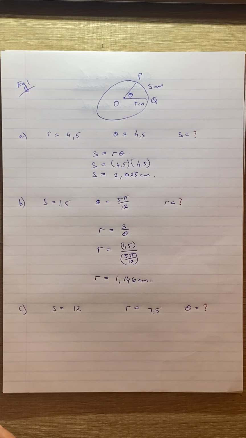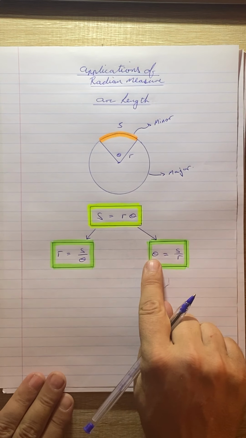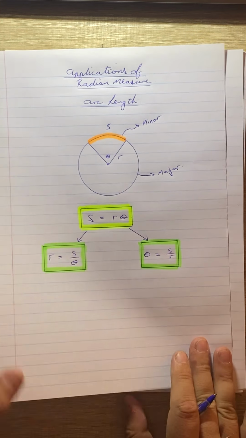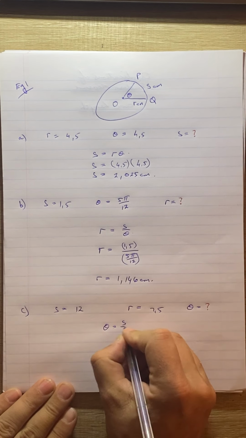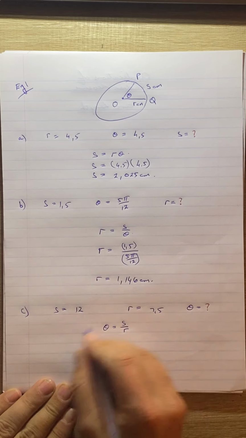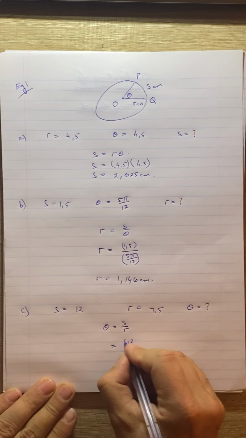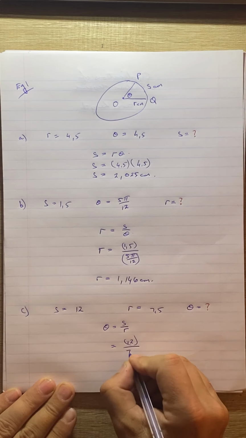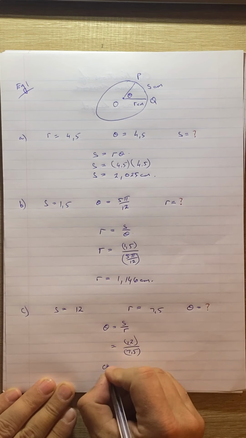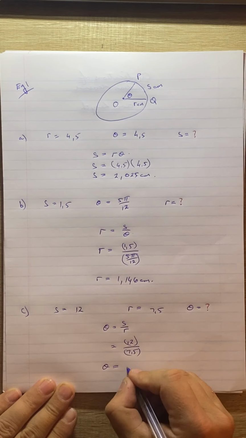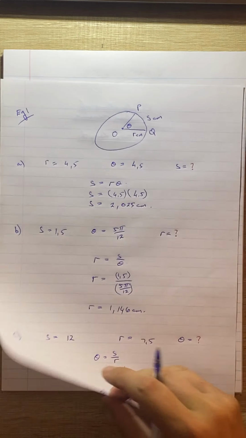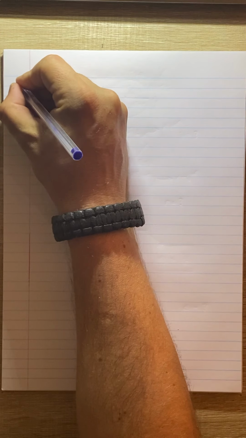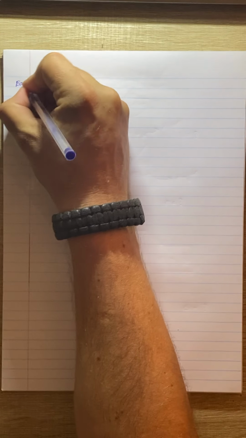Okay, again, from your formulas, theta is equal to S over R. Plug in your values, so S is 12, over R is 7.5. Plug it in your calculator and you get 1.6 radians. All right. Okay, so let's go on to example 2 now.